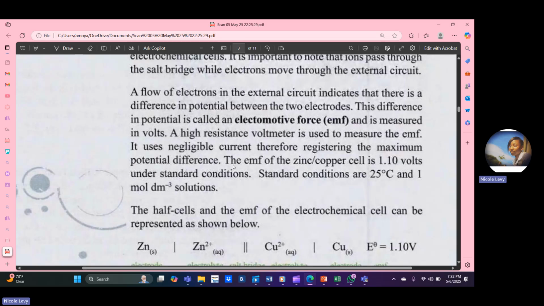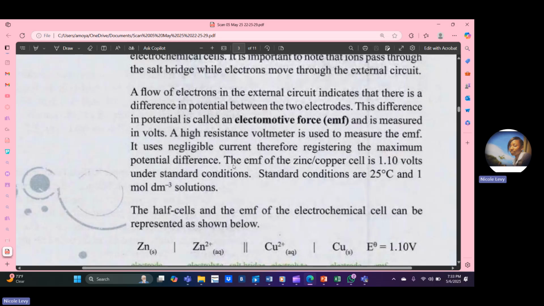Remember we said that the potential difference is between two half cells, right? But the electromotive force is between two electrodes. So one is between half cells, which is the potential difference, and the other, between two electrodes, is called the electromotive force or the EMF, and is measured in volts.